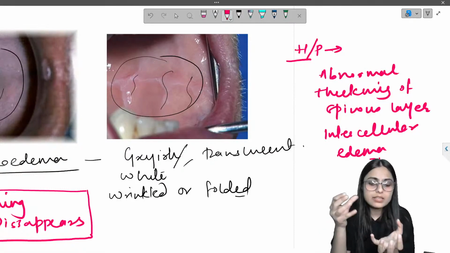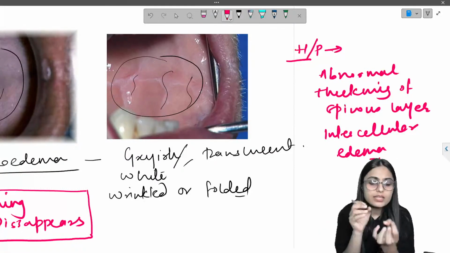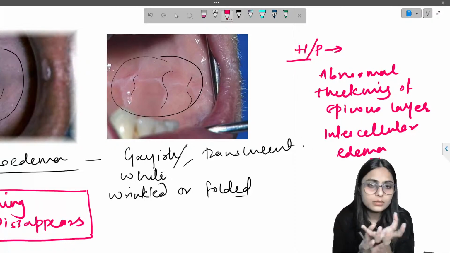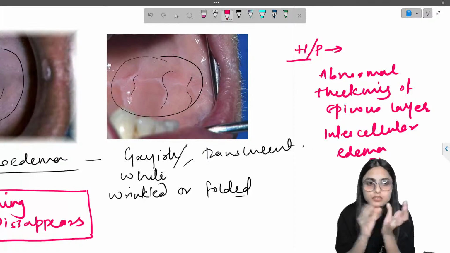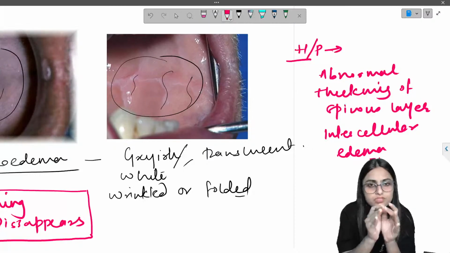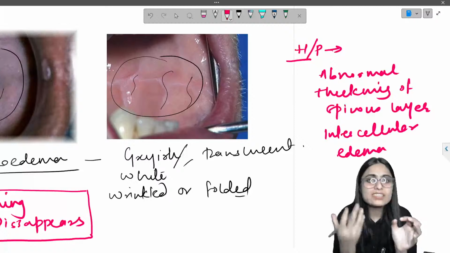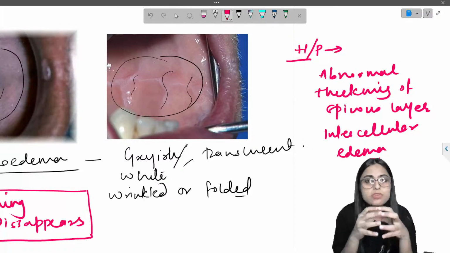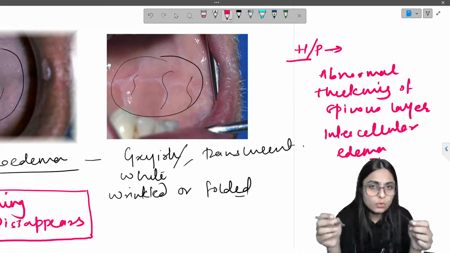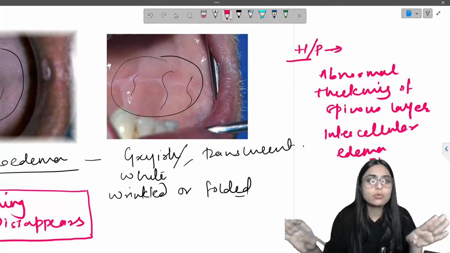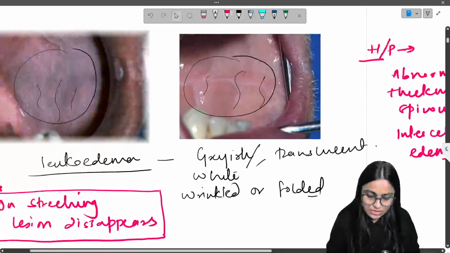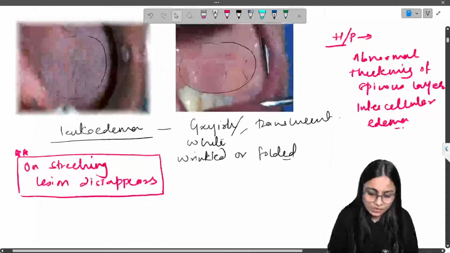Since there is edema, there is fluid retention. Okay, the cells swell up, and the color becomes translucent, and on stretching, it disappears. So when you stretch the mucosa, the lesion disappears, because the fluid settles down. Okay, so this is the histopathology behind leukoedema.